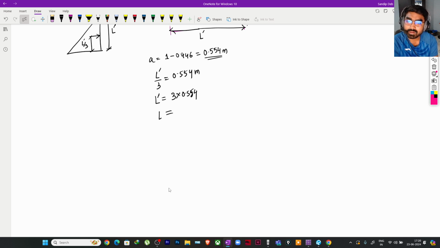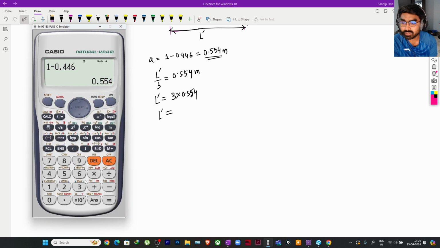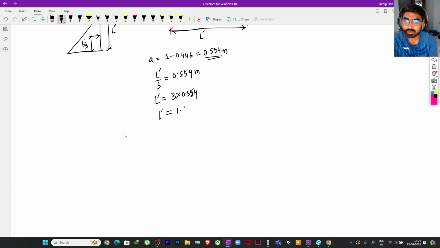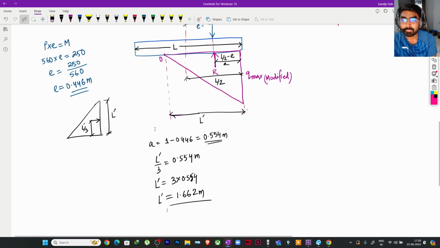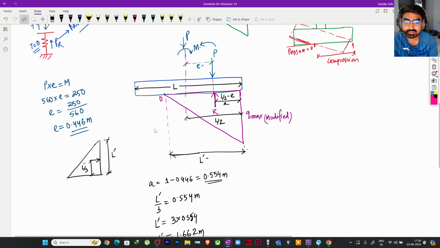So L dash equals 3 multiplied by 0.554. We get the result of 1.662 meter. That means the effective width which is under compression, or under pressure now, is actually 1.662 meters.